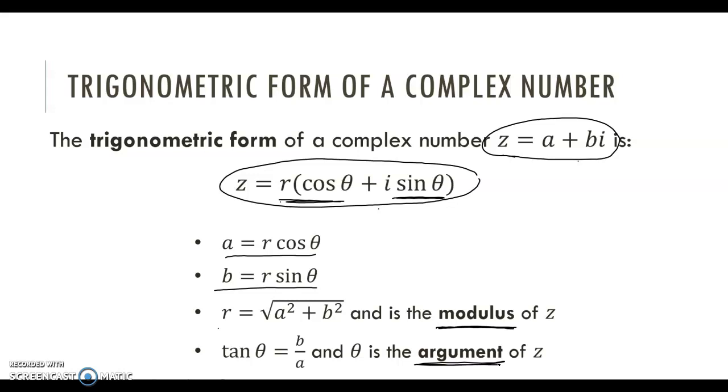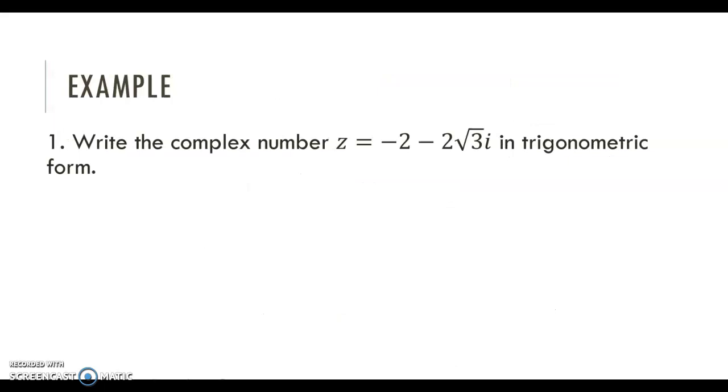So let's do a few examples. The first one: we're going to convert this complex number -2 minus 2 square root of 3 i to trig form. In order to do this conversion, it's very important to first visualize where this complex number is in the complex plane, like we did last section.